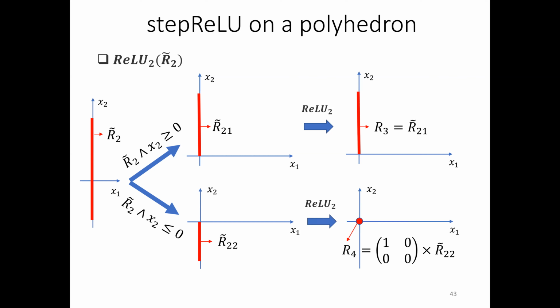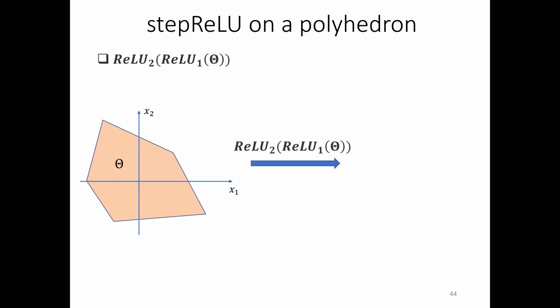So, in summary, when you apply the step ReLU operations on each dimension sequentially, you can compute the reachable set. Here, you get the same result. Any questions?